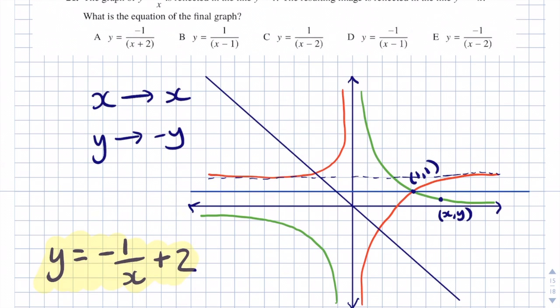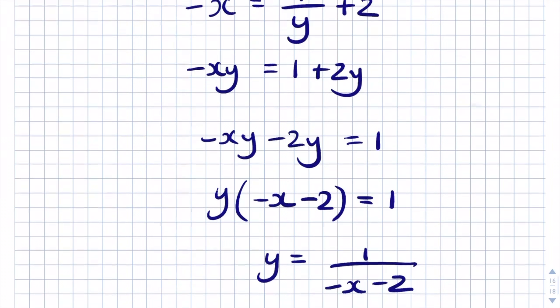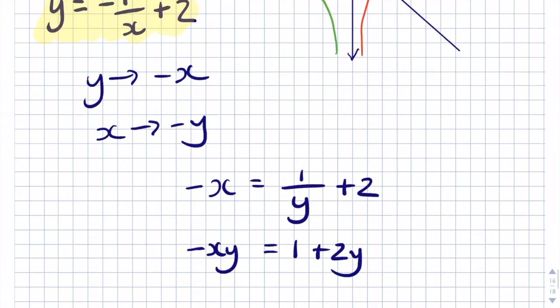Now what you'll see is there's not actually an answer in that form. But if we take out a factor of minus 1 from the denominator, that's going to be 1 over minus 1 times (x plus 2). And of course the 1 divided by minus 1 will just become minus 1. So therefore we will get an answer of y equals minus 1 over x plus 2, which is answer A.